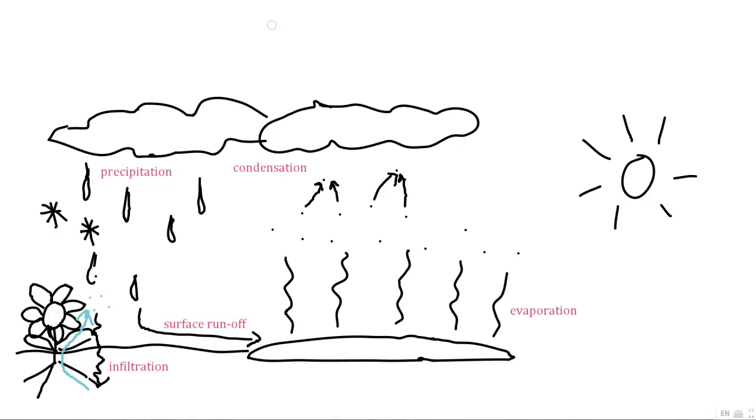You need a tree, you need a plant for transpiration to happen. It's kind of like evaporation through a plant. Plants contribute a lot of water vapor to our atmosphere through the process of transpiration. So we've got transpiration, infiltration, 3, 4, 5, 6. There should be 8.